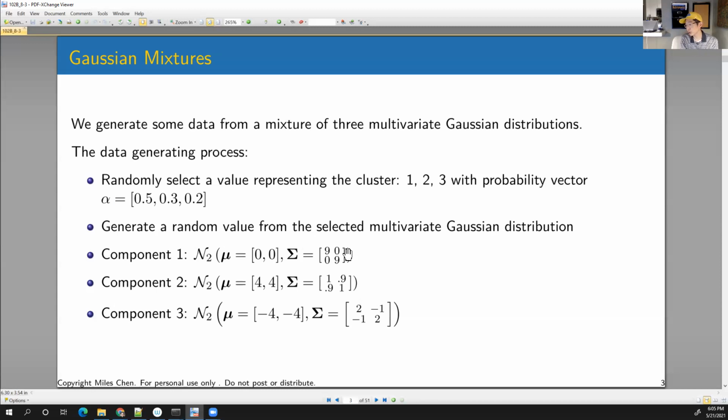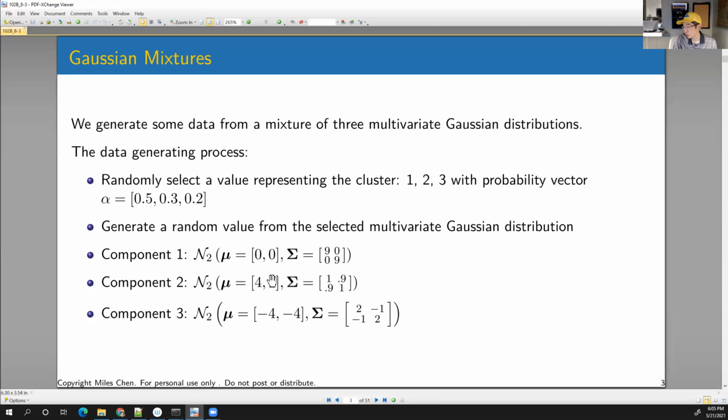These are the properties of my 3 different distributions. Distribution 1 is the largest one with 50% of the data, and it is centered at 0, 0. Its x1 and x2 variables are independent of each other. The off diagonals of the sigma matrix are 0, and it has large variance, with variances of 9.